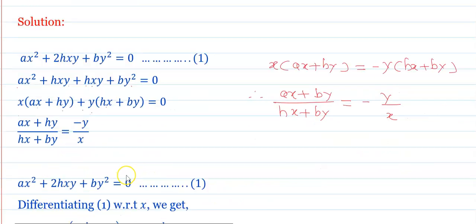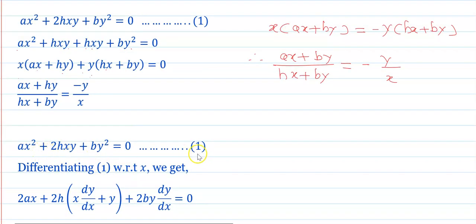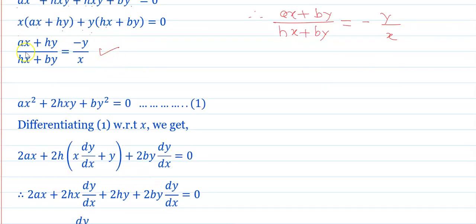Okay, now we have this, then differentiate this with respect to x. That is, first we find the value of ax plus hy upon hx plus by. Now differentiate this one with respect to x.